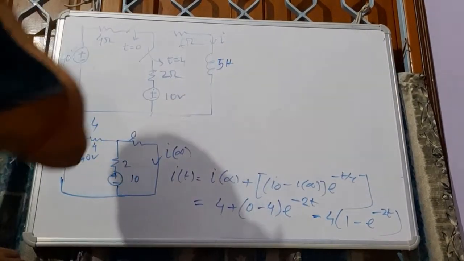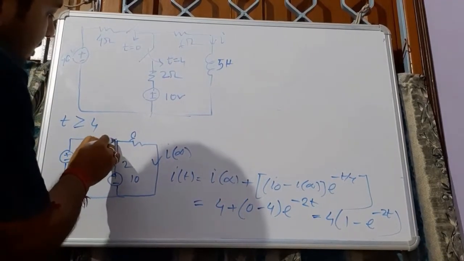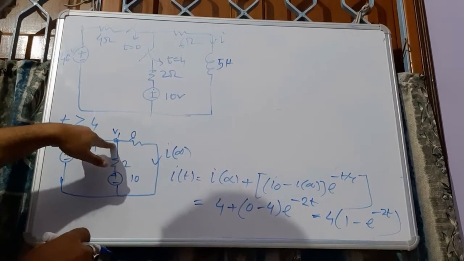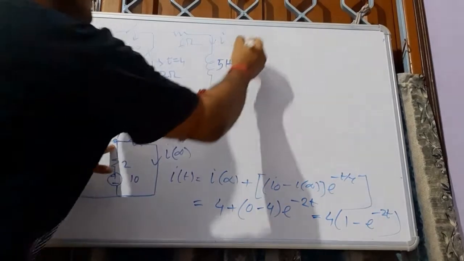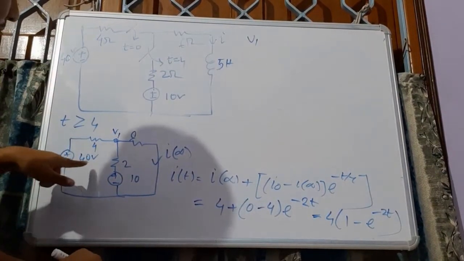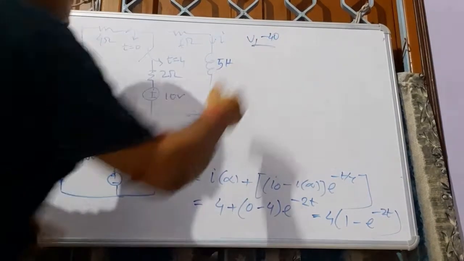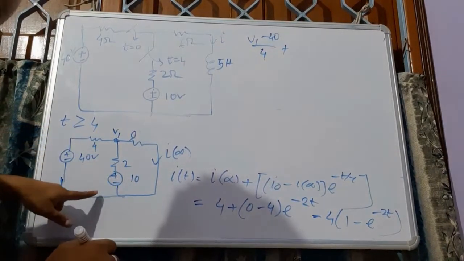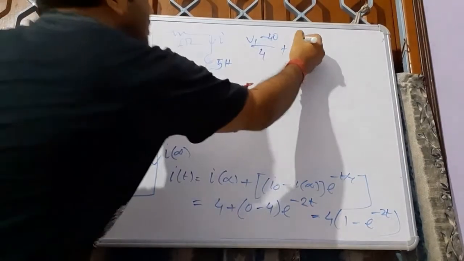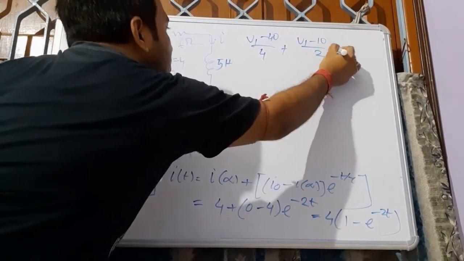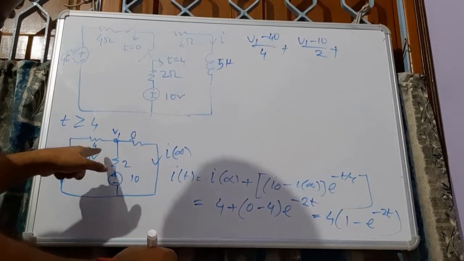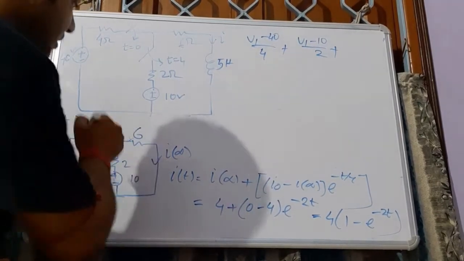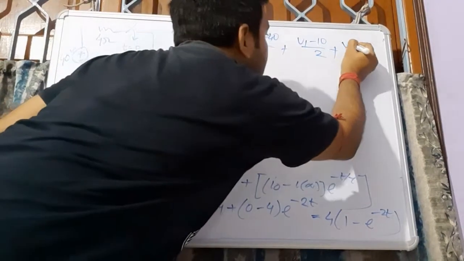Now take a voltage, say V1 here. Now if I apply KCL in this node, this will be (V1 minus 40) divided by 4 plus (V1 minus 10) divided by 2 plus V1 divided by 6 equals to 0.